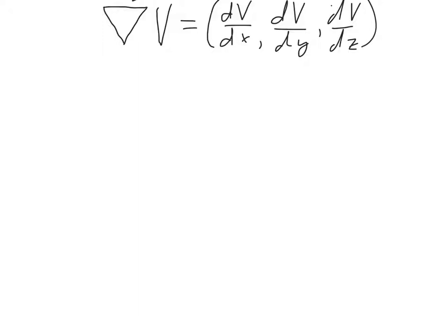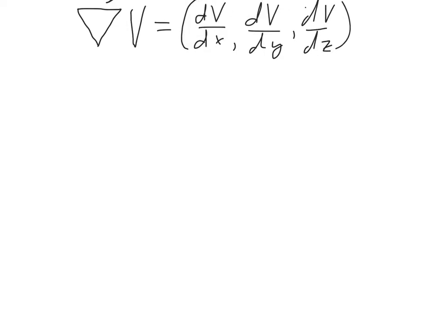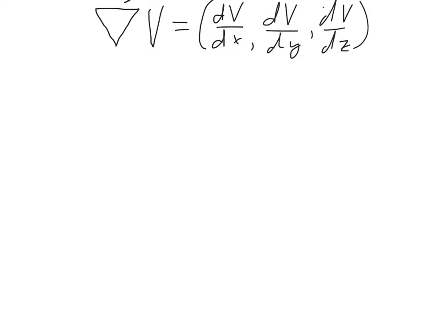In a topographical map, what I do is I join by lines or curves every point that is at the same elevation. So all these points are at the same elevation, say 1,000 feet above sea level.